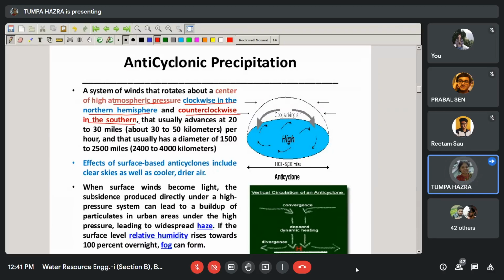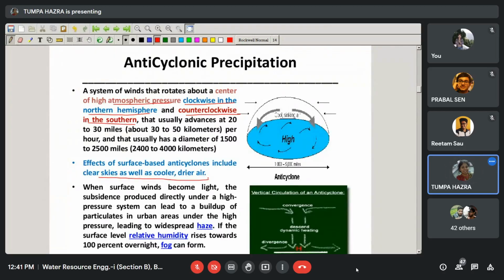Okay, so the weather is usually calm at the center, and winds are moderate, so there are clear skies as well as cooler, drier air.